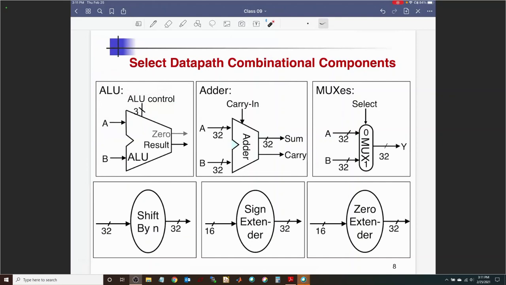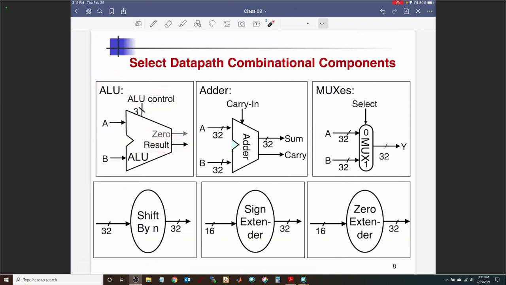The outputs of the ALU, one of them is zero. Where could I use this? I could use that for the BEQ instruction. Remember, you just needed to subtract and check whether the result is 0 or not. I can use that for that purpose very easily. And then the other one is, of course, the result.